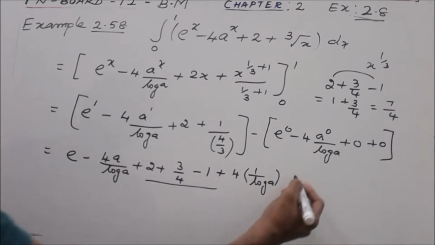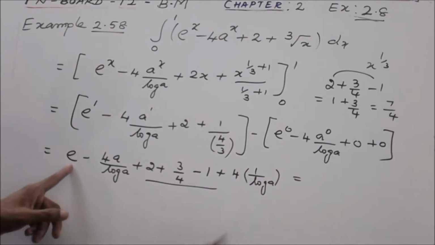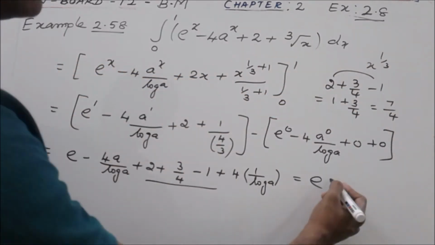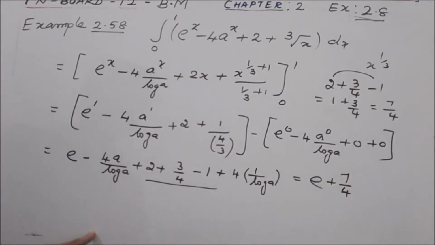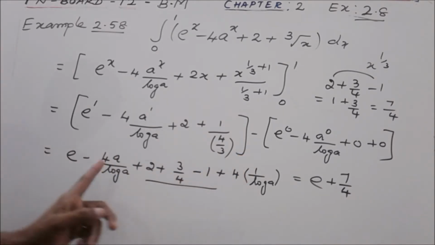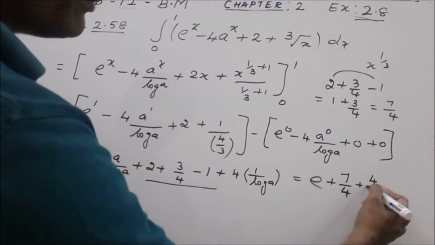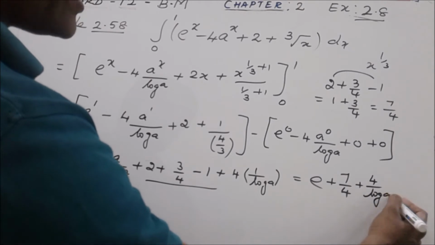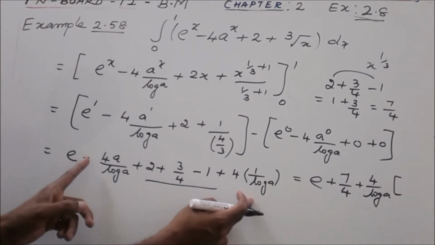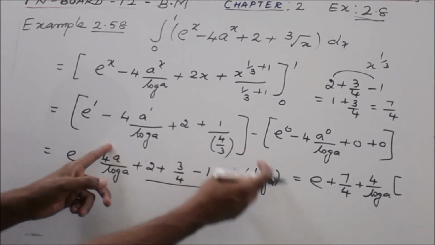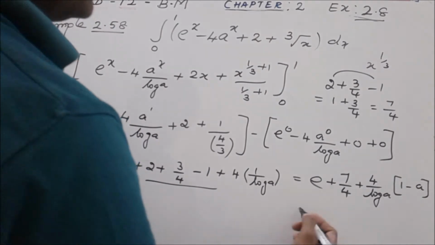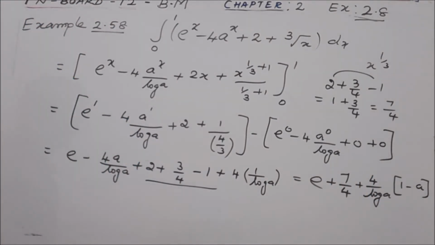So it is equal to e plus 7 by 4, and then 4 by log a is taken out from the two terms, the remaining are minus a, and 1 is taken out, so 1 minus a. That is the final answer of example 2.58.